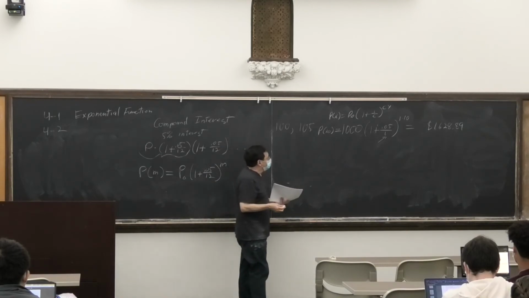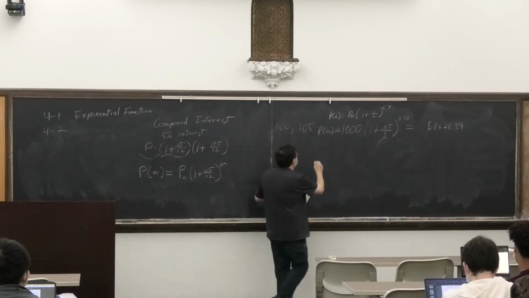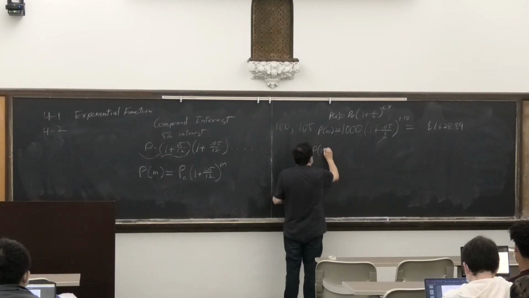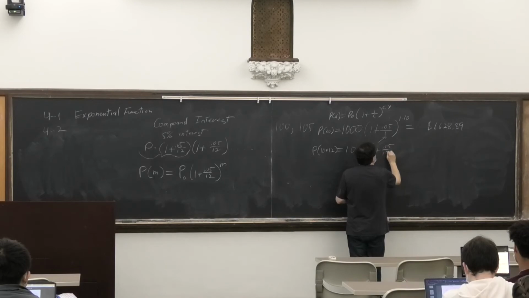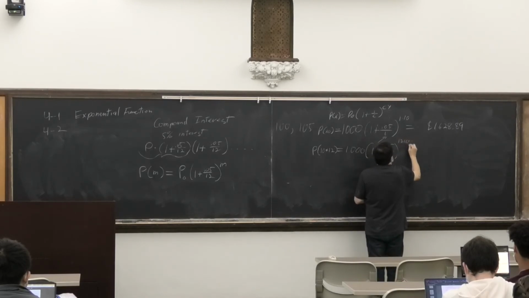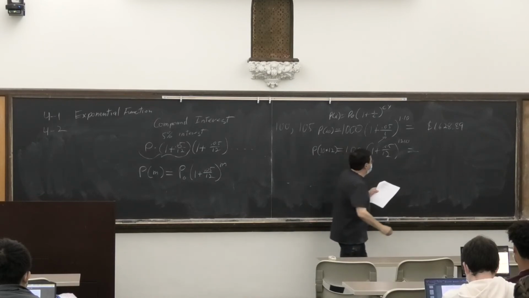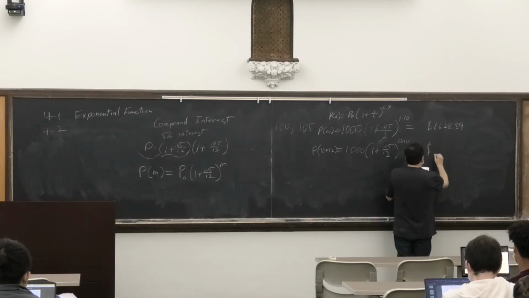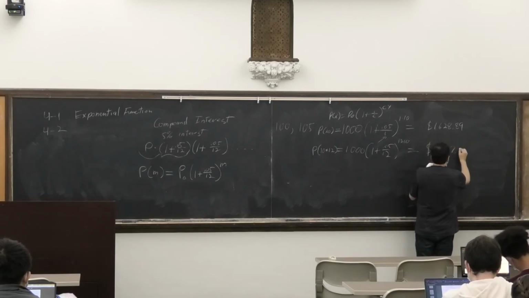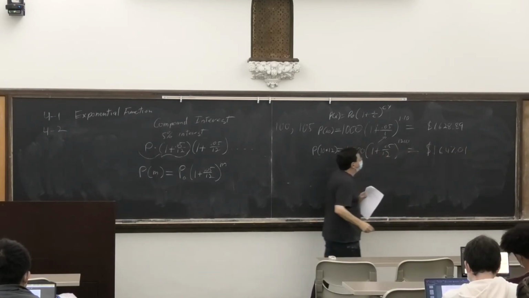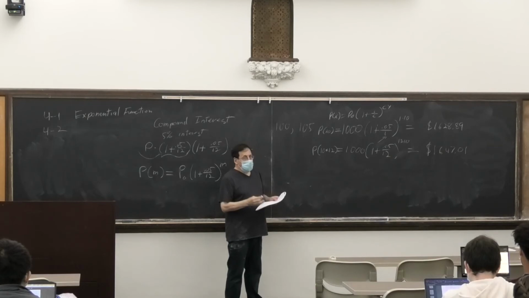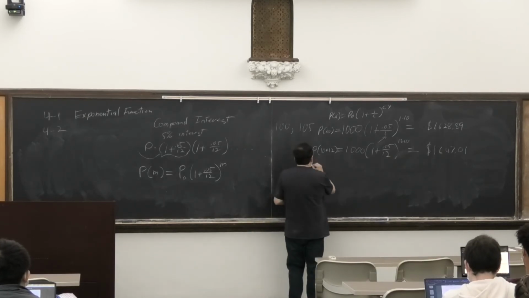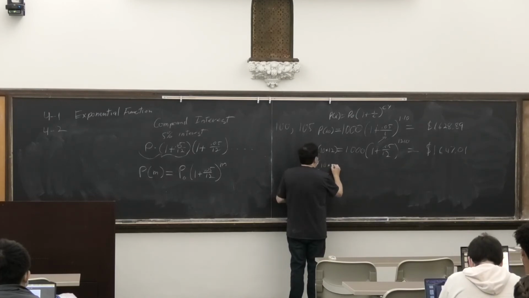Well, what happens if I'm instead compounding every month? Now, to get 10 years' worth, I have to multiply this by 12. And again, if you use your calculator, it comes out a little better. We need $20 more. I'm going to go one more step. Let's say you have a really nice bank, and they're going to compound it every day.